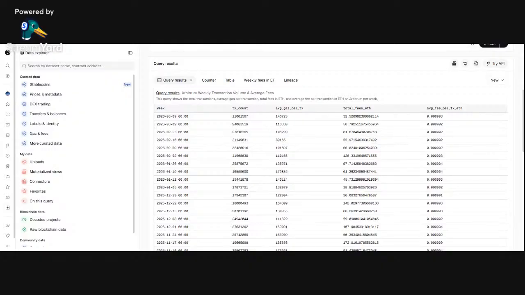We had 11 million transactions in this week that we are in, and it still stayed at 0.03. So more transactions does not really translate to higher fees. Not like what we were seeing in Ethereum in 2021, whereby if there were a lot of users using Ethereum at a time, you had to pay higher fees.